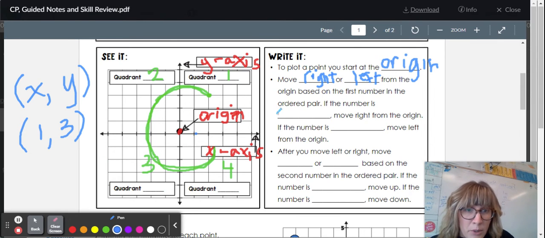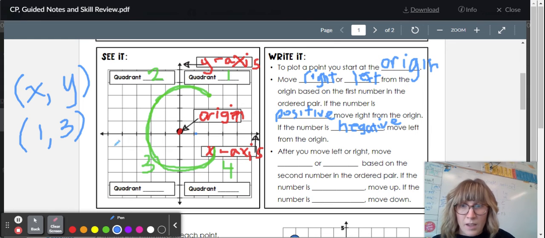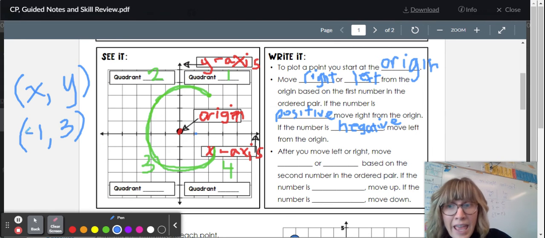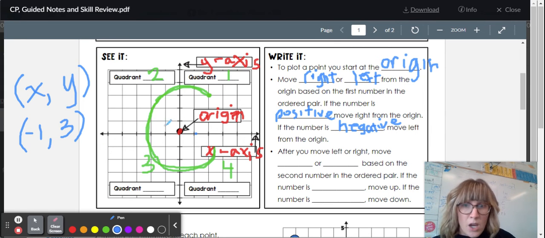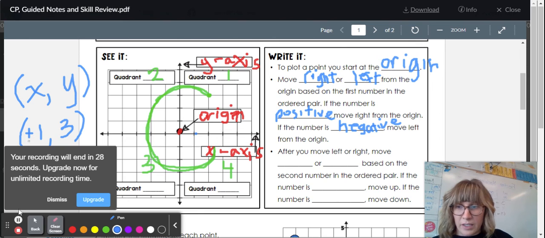If the number is positive, you're going to move right from the origin, and if the number is negative, you would move left. Say this was -1, 3, we would start at the origin and move left, into negative land. But we want to keep this as positive land for now.